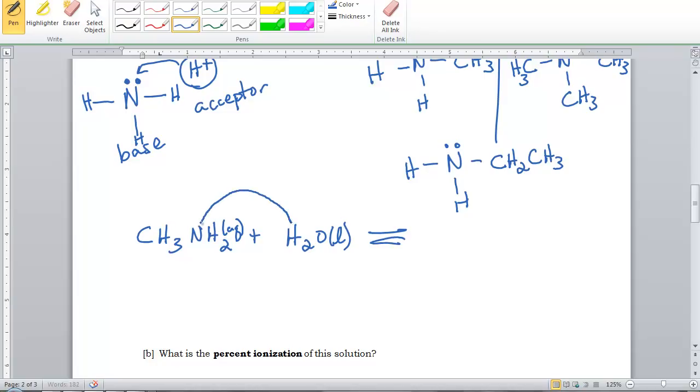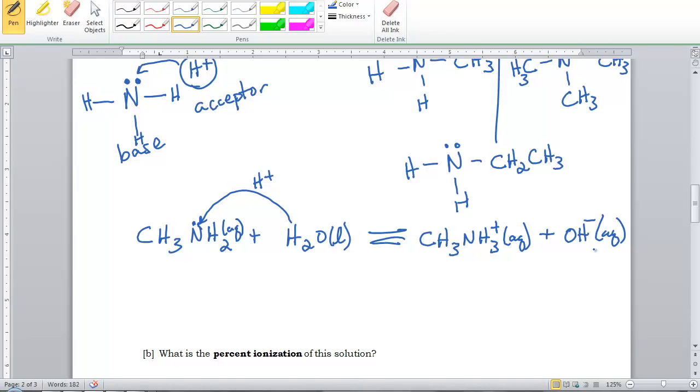So again, hydrogen ion acceptor, it's the nitrogen there that's going to accept the H+. We're going to form its conjugate acid, so add an H+ to that base. There's the conjugate acid. But when water loses the H+, bases produce hydroxide. There you go.